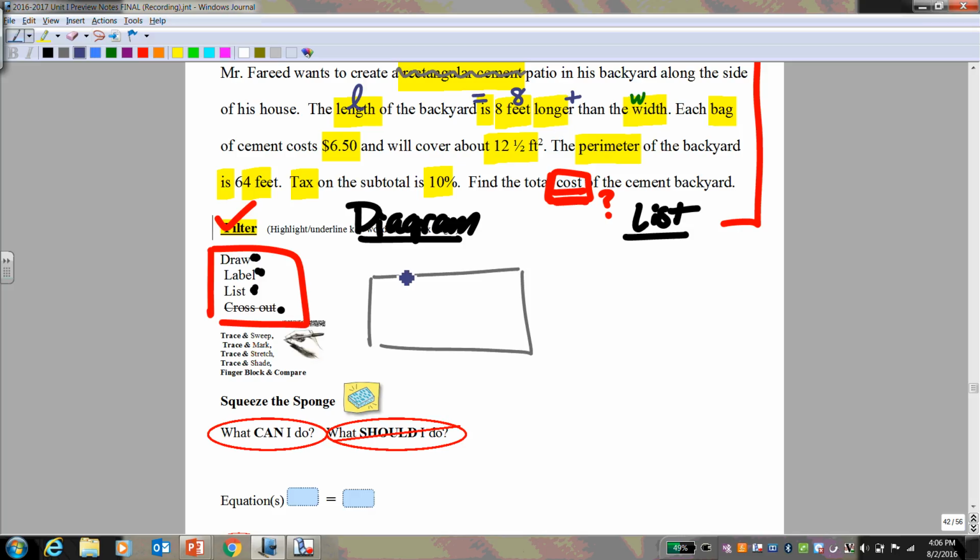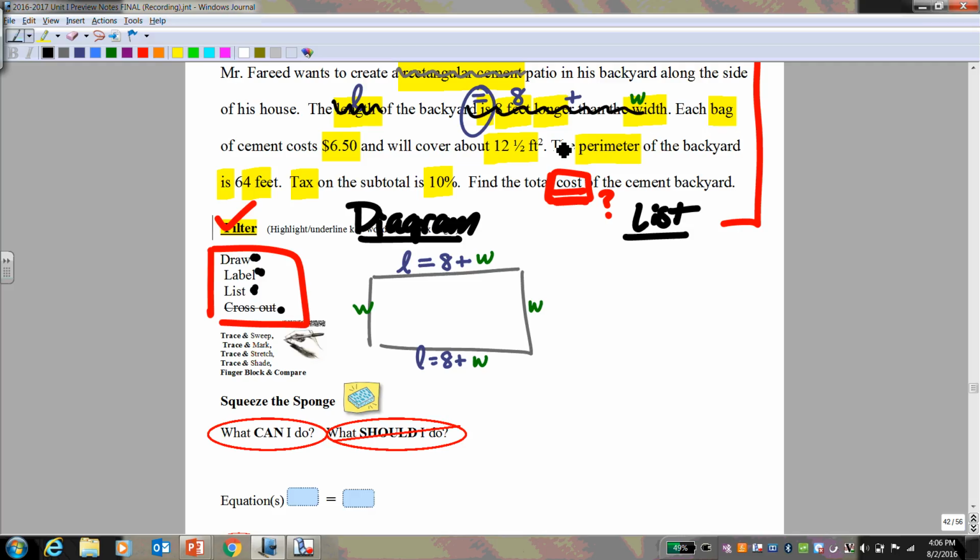The length is an equal sign, 8 feet longer than the width. I would label both sides. Length is 8 feet longer than the width, and then the width we just label. You ready? We accounted for that information. We cross it out. Draw, label, list, cross out.